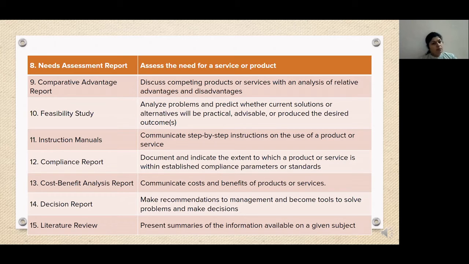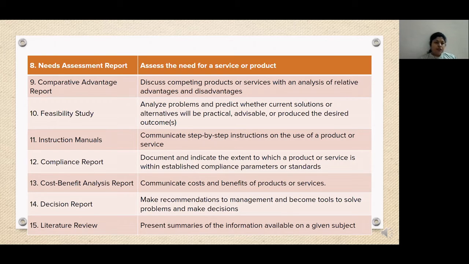That particular company is following the compliance of that particular quality control, and ISO has certified that the product is safe to be used. So there is a compliance report, and this compliance report comes with the product or the service, and then the product or service is used by the customers.